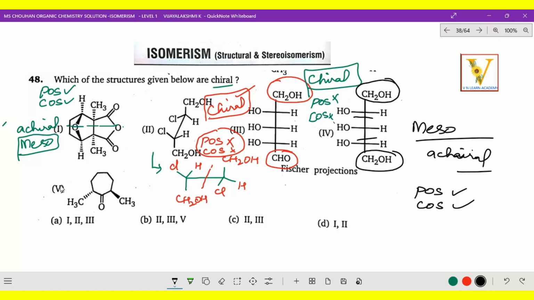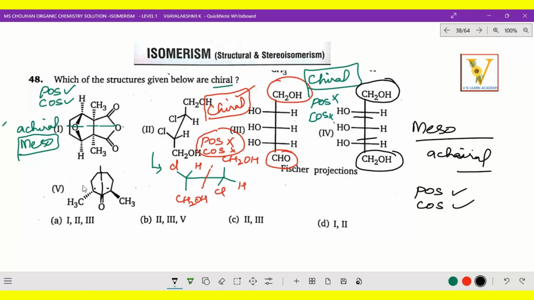Now the next one, the fifth compound. This is like 1, 2, 3, 4, 5, 6, 7, a heptagon, right? When you cut this, what do you observe? Here dash position is available, here wedge position is available, here CH3 is fine, but at CO there is dash and wedge position.